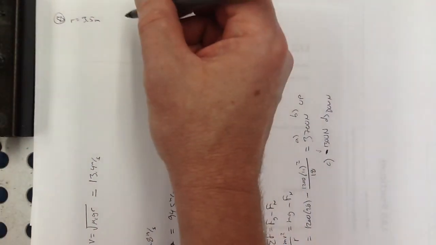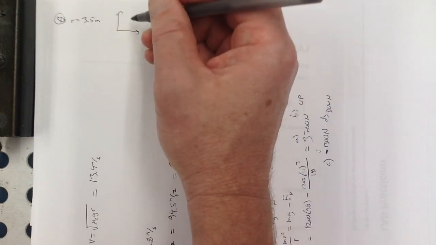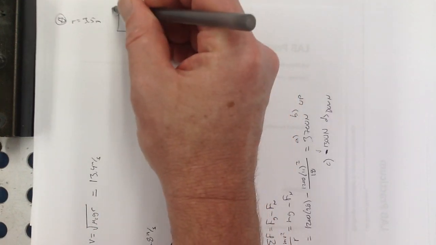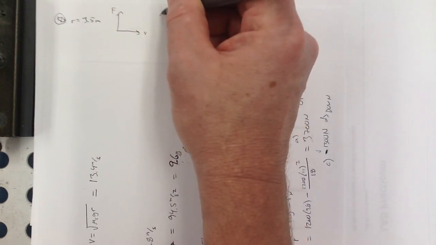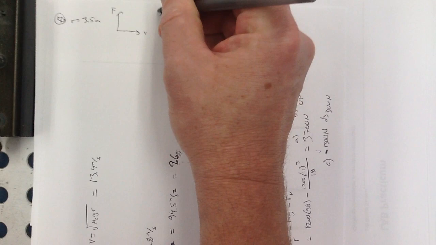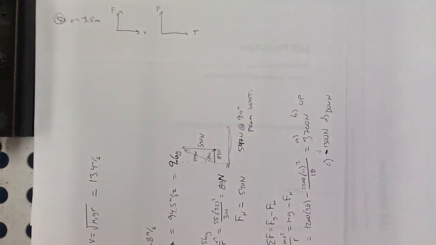All right, so I've got a graph. I'm just going to make a sketch of these. They're kind of just pretty sketchy graphs anyway, aren't they? I got force versus velocity and force versus period.